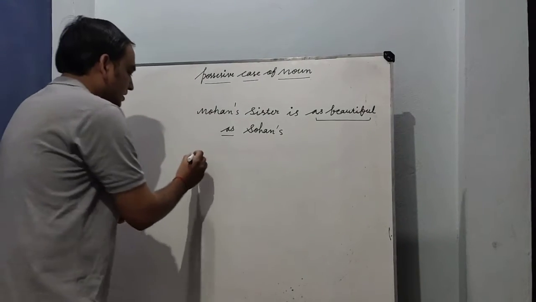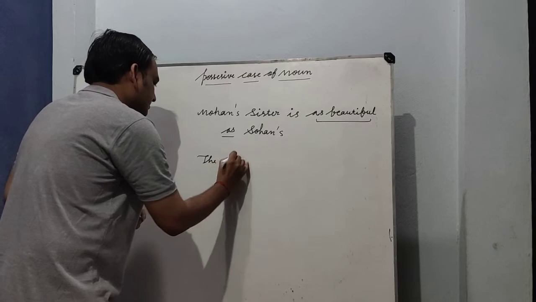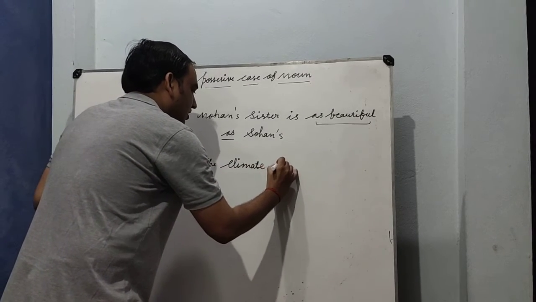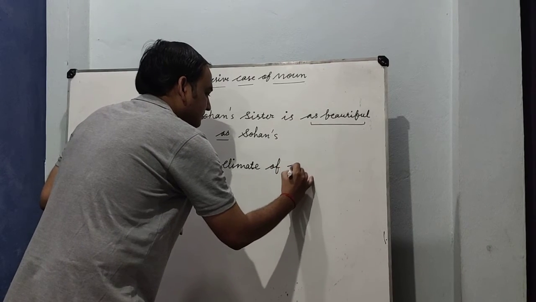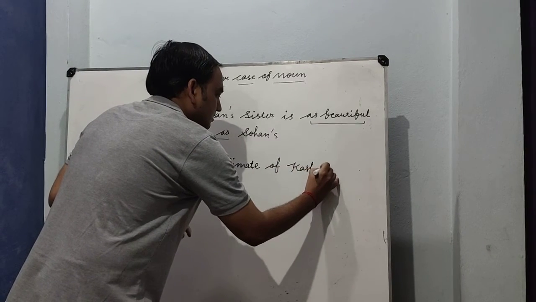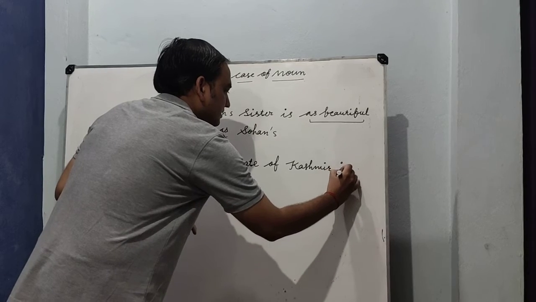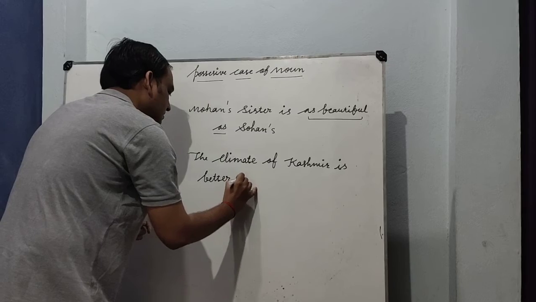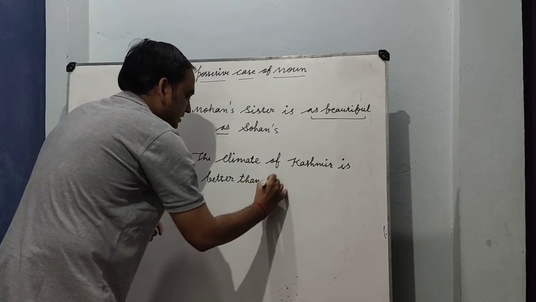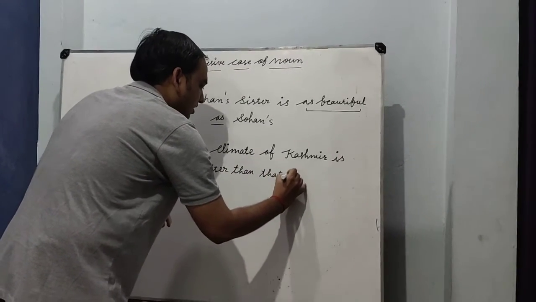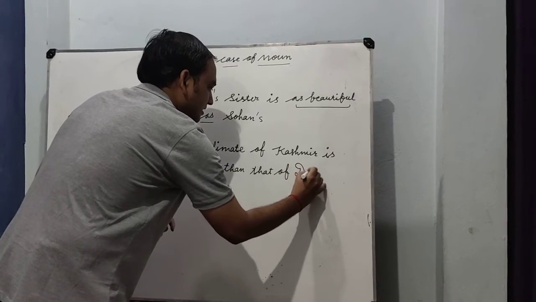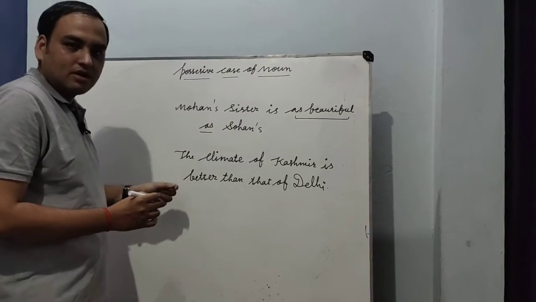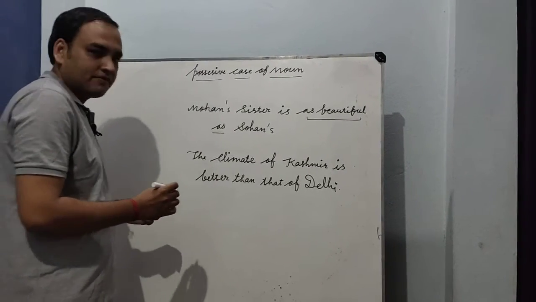Another thing, the climate of Kashmir is better than that of Delhi. Okay, it shows that there are two cases of possessive form of noun.